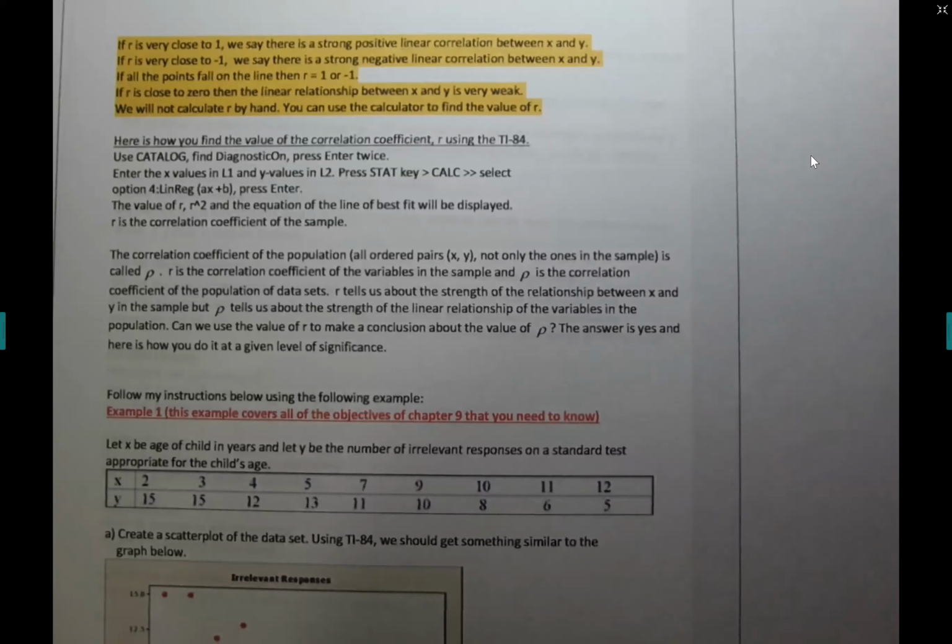Here's how we determine what R means. R is called correlation coefficient. If you have your diagnostic on, as I did earlier, then it's going to show. If you don't have the diagnostic on, and you try to find R, it's not going to show with the equation of the line. So you have to make sure your diagnostic is on.